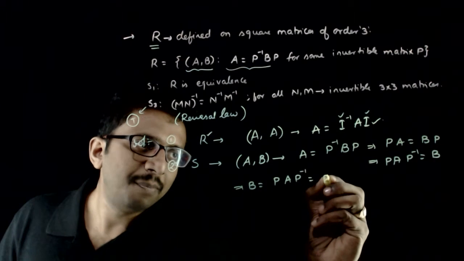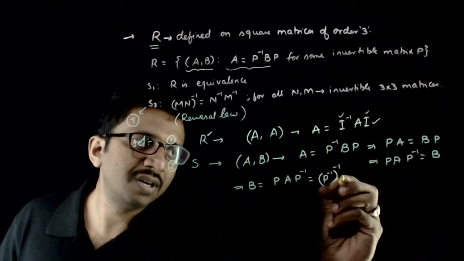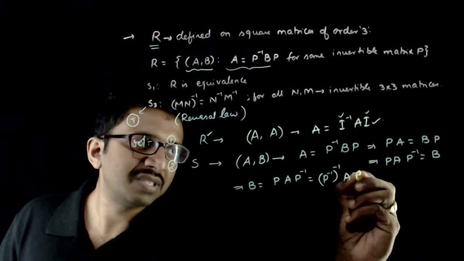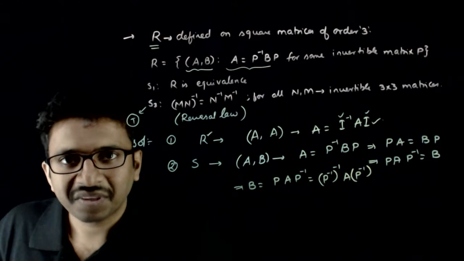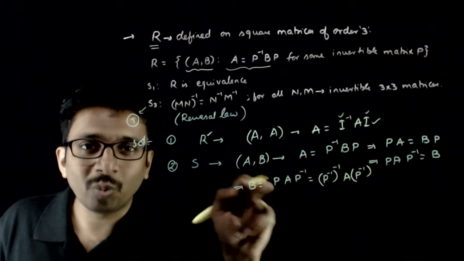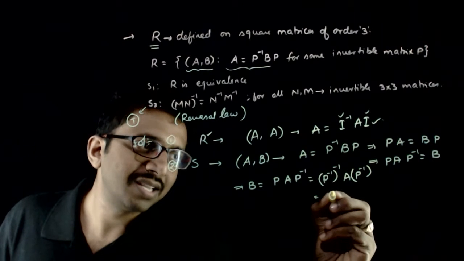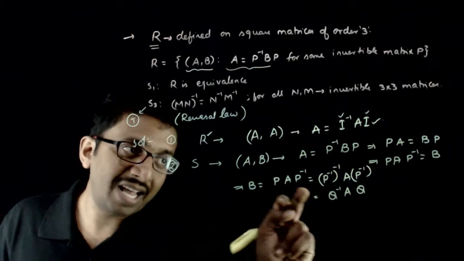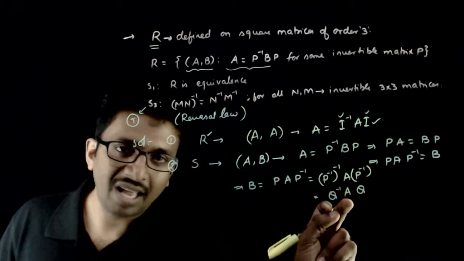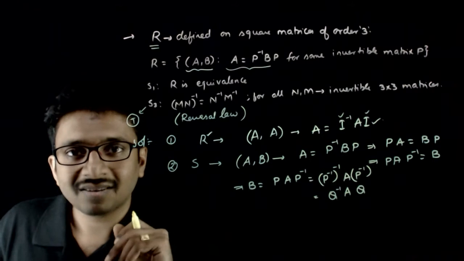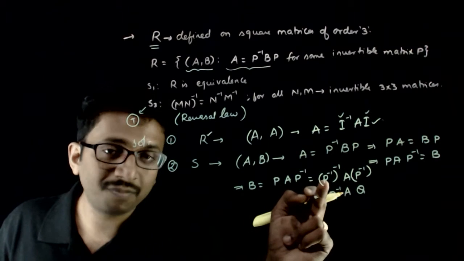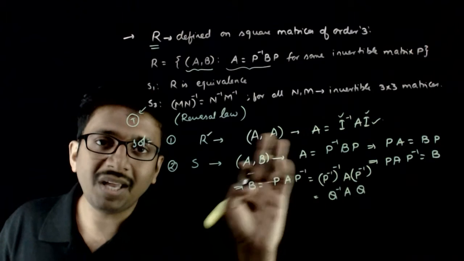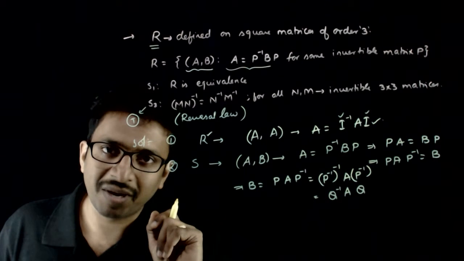That is nothing but P inverse whole inverse A times P inverse. If you take P inverse as my new matrix Q, that is Q inverse AQ. So B can also be written as Q inverse AQ, where Q is an invertible matrix, because if P is an invertible matrix, P inverse will also be an invertible matrix.